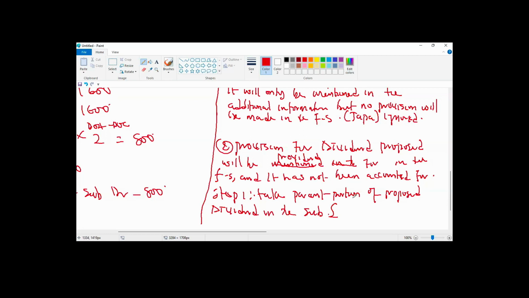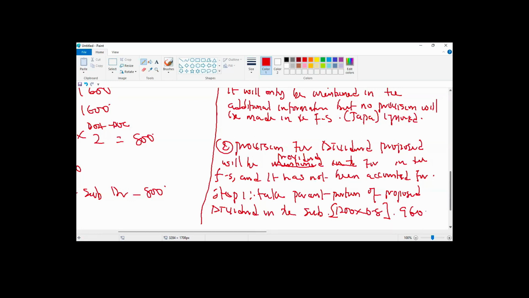Let me see. 1,200. Parent portion is 80%, 0.8. 1,200 times 0.8 is 960. What do I do to the 960?